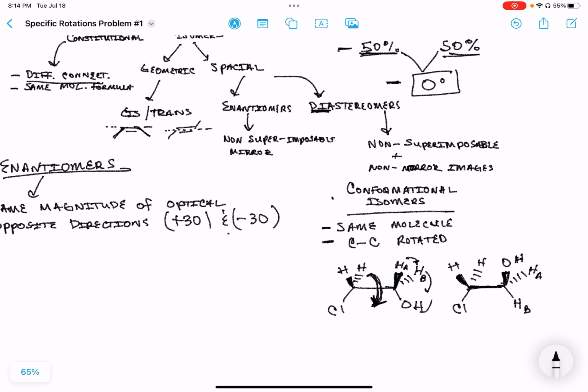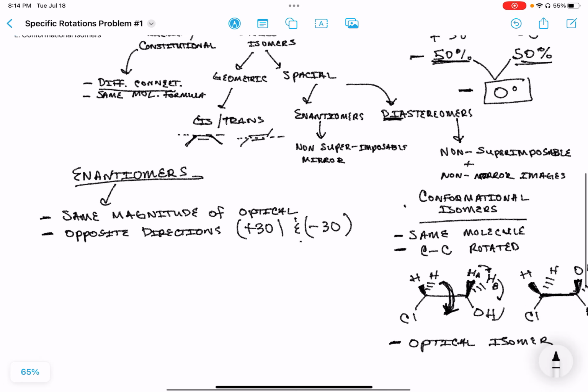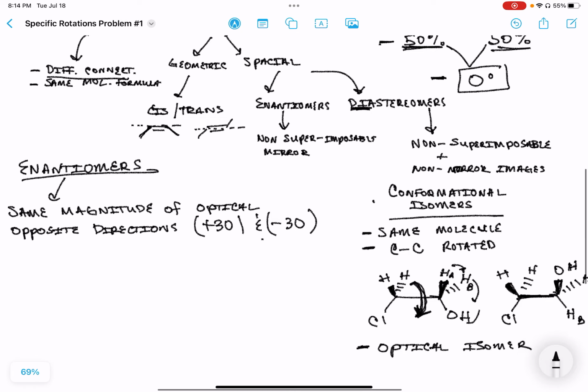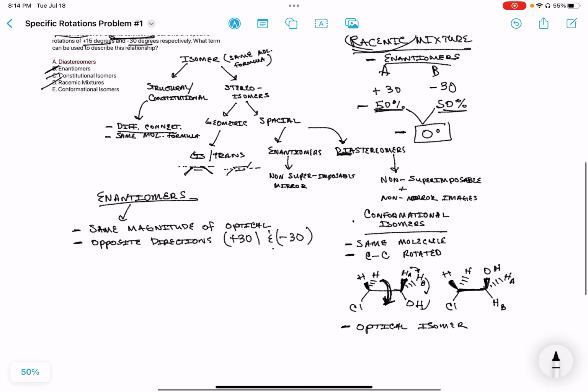When you have the optical activity of a conformational isomer, it's just going to be one number, not two, because they're the same molecule. Whereas enantiomers are non-superimposable mirror images; their connectivity is the same, but spatially they're different. So they affect polarized light differently, giving us two different angles, positive 30 and negative 30.